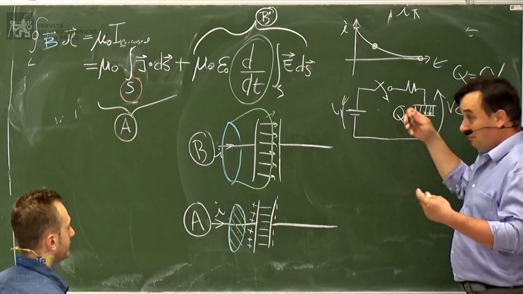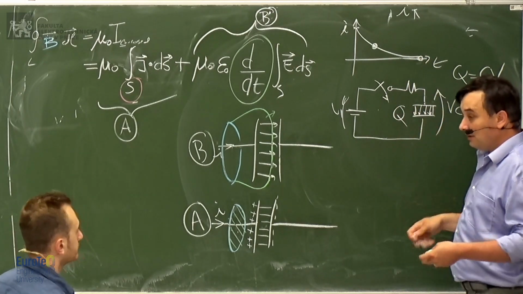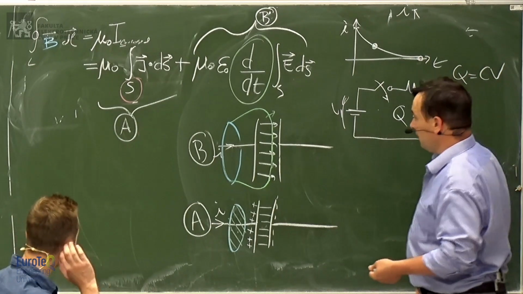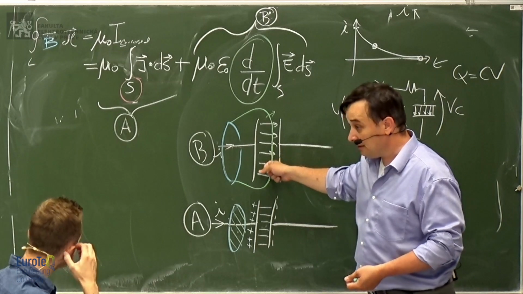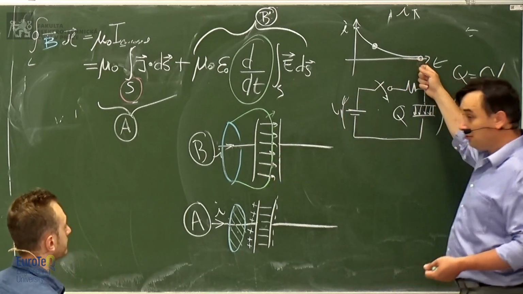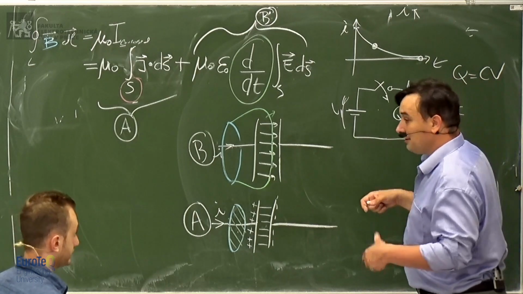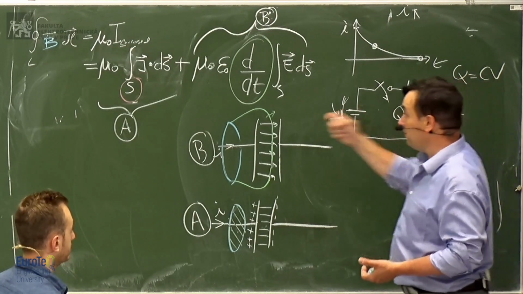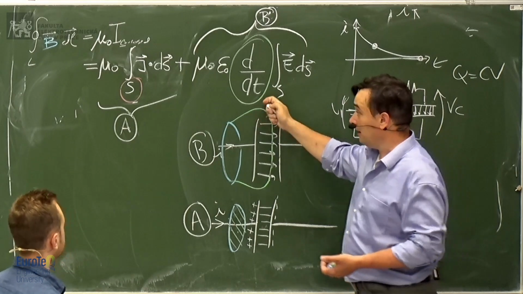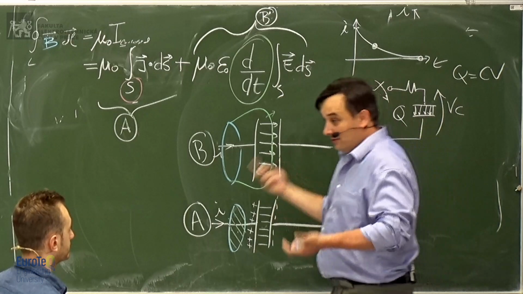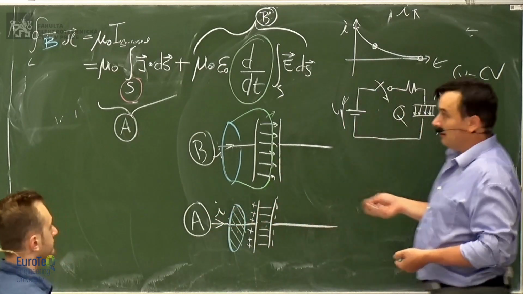It means that it's charged and therefore there is no space for putting extra current. I have an electric field, but because the capacitor is already full, it's not changing. And if it's not changing, the derivative is zero. And if there is no current flowing anymore, there is no magnetic field.